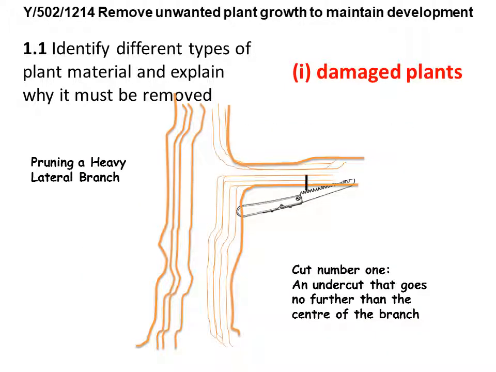To remove a heavy lateral branch, the one that may become damaged or dead, it's really important that you do it so you don't end up damaging the plant. The first thing that needs to happen is an undercut, and that's normally done quite a bit further along, away from where you want your final cut to be. You need to go at least a third, if not halfway through.